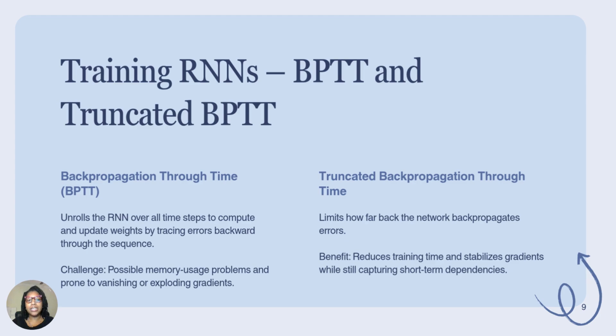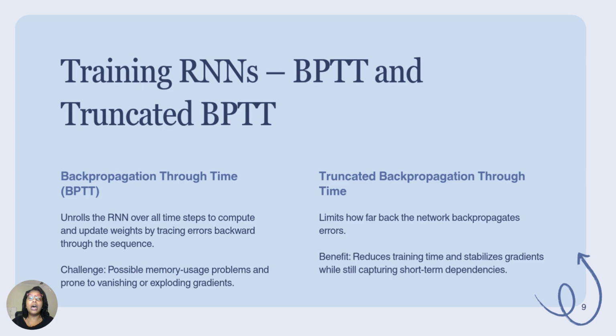So the challenge with this is there's a possible memory usage issue, and it can be computationally heavy, like for long sequences, and that can lead to issues like vanishing or exploding gradients. And this can be where the model forgets earlier information or even becomes unstable.